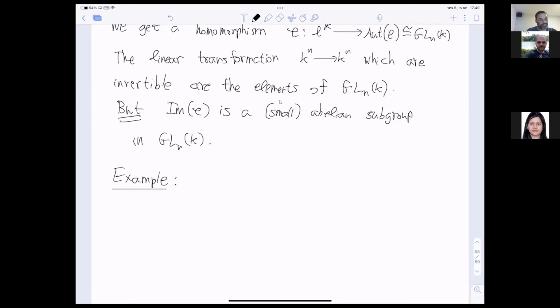Example. Let L be F3. F3 contains just 0, 1, 2, three elements.